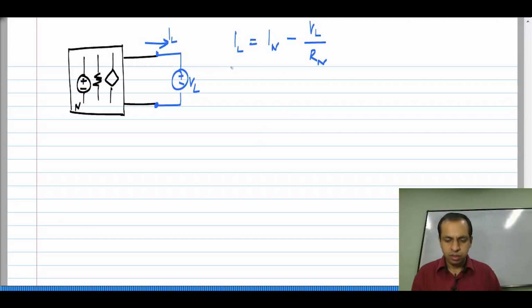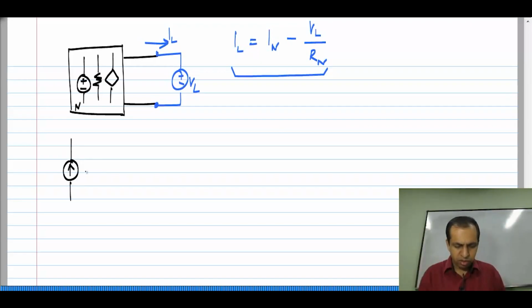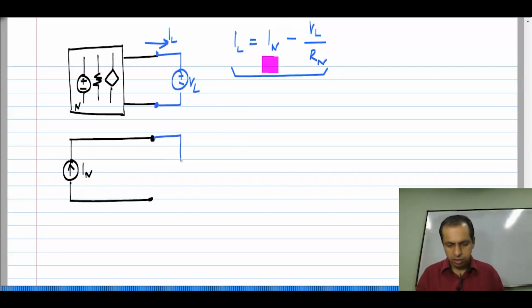Okay. Now, this entire thing can be represented using a simple equivalent. The current IN, which corresponds to this particular term. Okay. And then I have the voltage VL over there, and to get this term I simply connect a resistance RN.